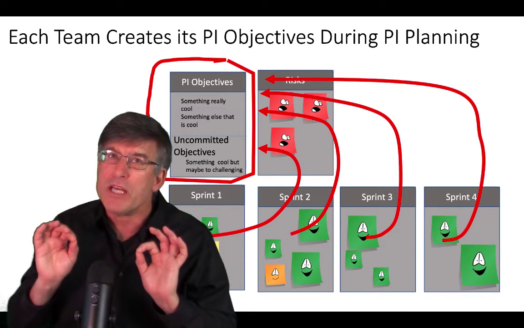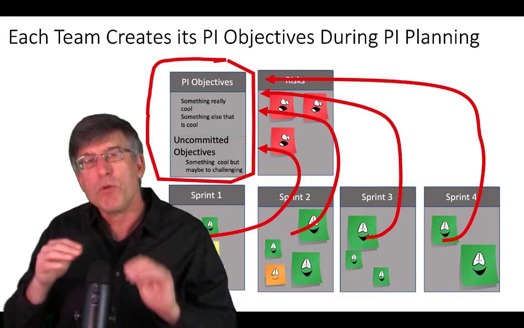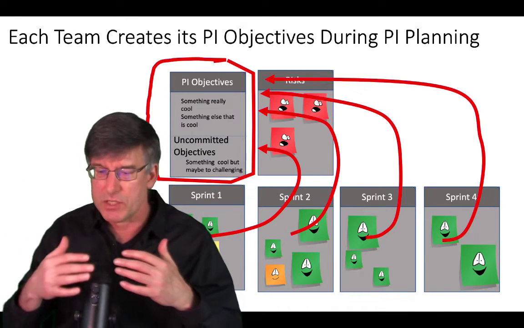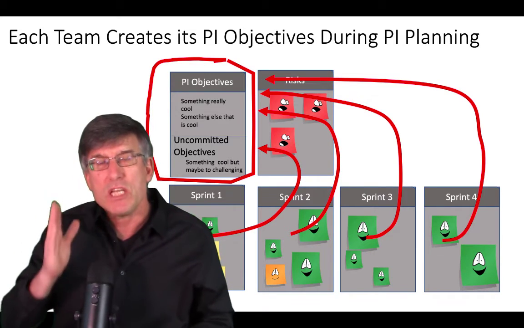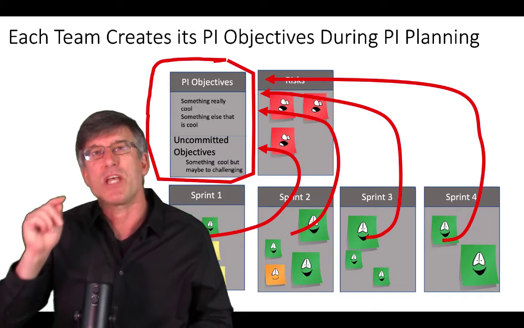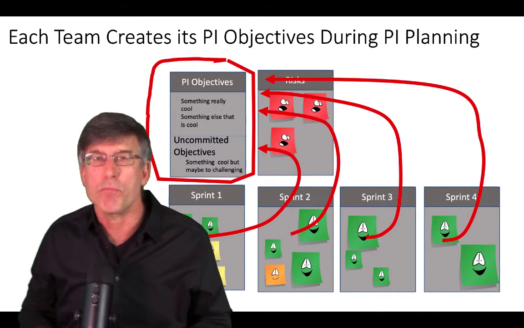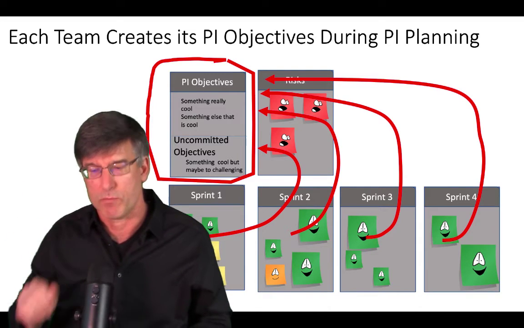And I just want to get over a misconception here. A lot of people believe that we are going into PI planning and that we are laying out each of those individual sprints there. What the individual sprints are showing is that our PI objectives are credible, that there is a possible path to being able to deliver on those objectives.